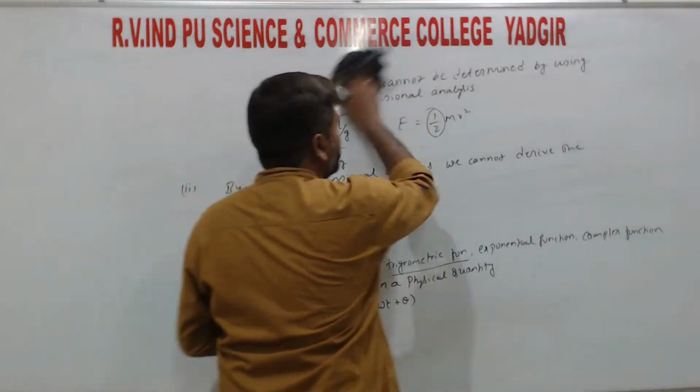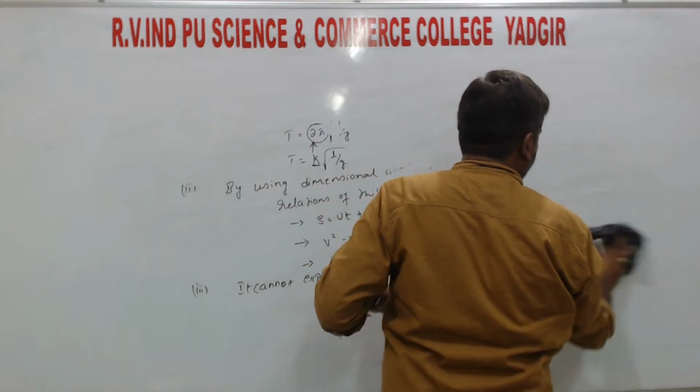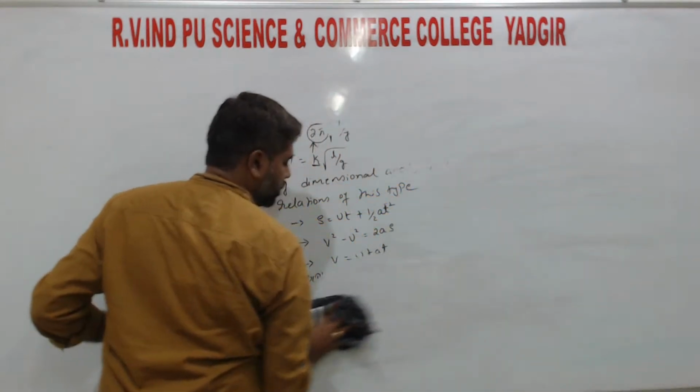So some physical quantities have the same dimensions, right? So two or three physical quantities have the same dimensions. So note that down.